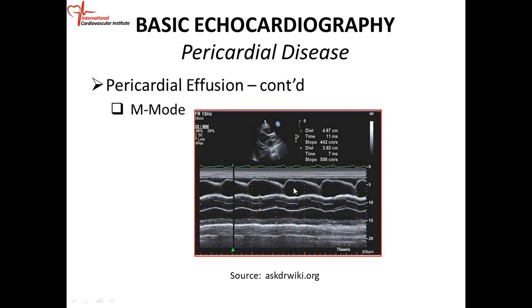But if you remember the definition for tamponade, it is diastolic collapse of the RV, right ventricle. We are seeing that there is collapse in the RV wall periodically. But is this diastolic collapse? Or is it systolic collapse? Or is it just collapse whenever?